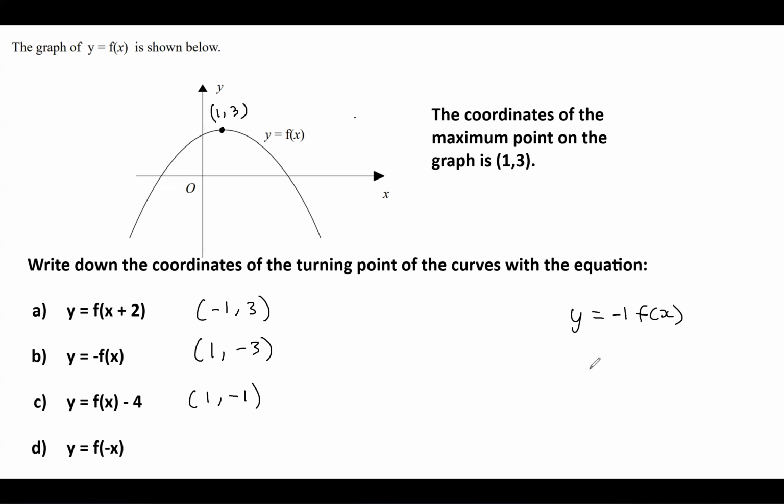And again, you could think of this as y is equal to f of minus 1x. So in other words, we are multiplying x by minus 1, so we need to do the inverse and divide x by minus 1. So 1 divided by minus 1 is still minus 1. So that is going to give us minus 1, 3 over here. All right. Okay, so let's move on.